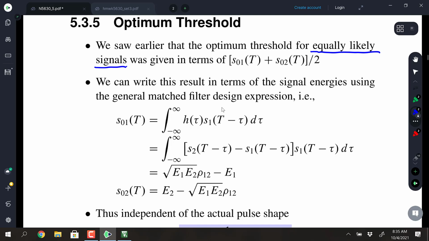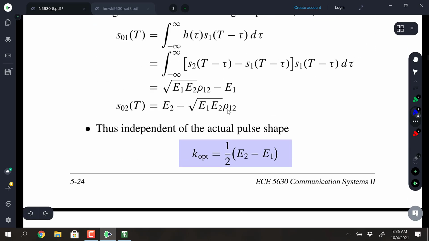But for the equally likely case, this is what we're talking about for the two outputs, S01 and S02 at T. And then K optimum is going to land at the middle of the difference between the energies. And if we normalize it by 2, so we can work with Z, this decision statistic, then that's the optimum threshold. So it's 1/2 of the difference between the two.